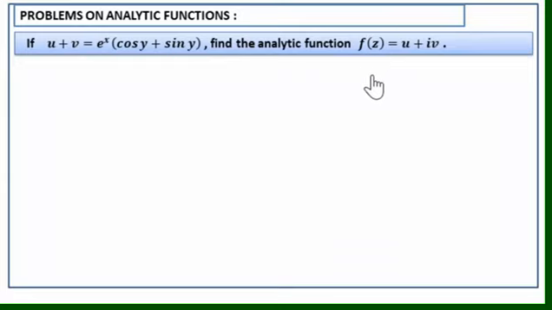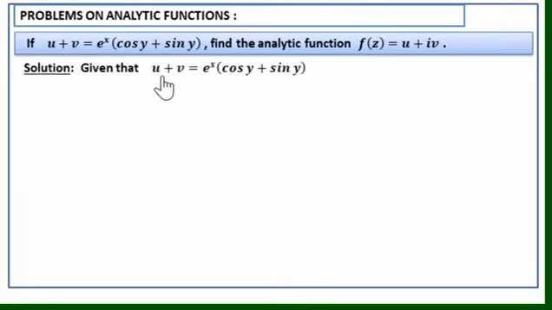So what is the formula for f dash of z? f dash of z is dou u by dou x plus i dou v by dou x. Therefore we differentiate u plus v with respect to x partially to get dou u by dou x and dou v by dou x.